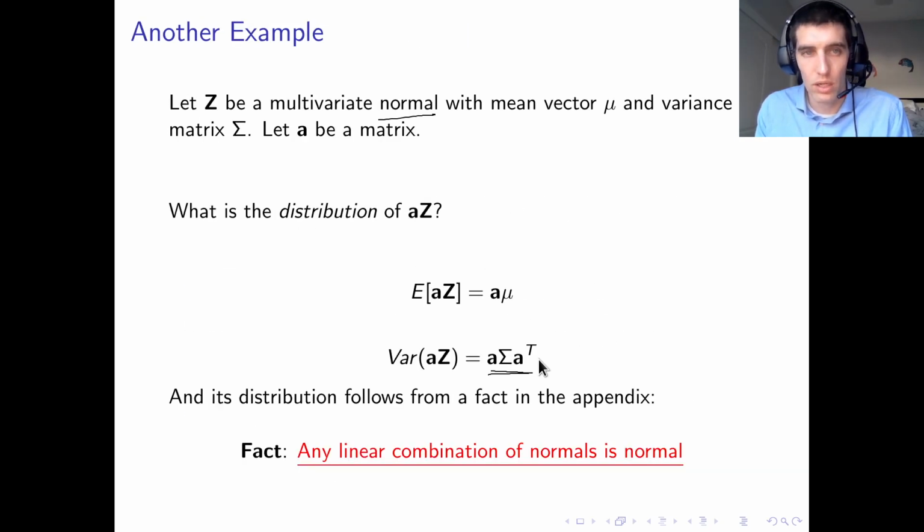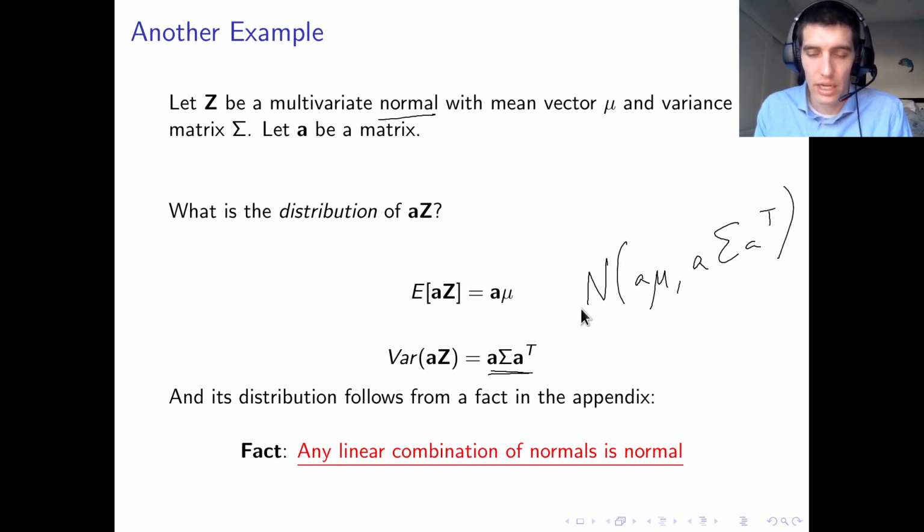So this distribution is multivariate normal, mean A mu, variance A sigma A transpose. We have three pieces here. The first is that it has a certain mean. The second is that it has a certain variance. The last is that a linear combination of normals is normal. So when we take this matrix product, we get back a normal distribution.